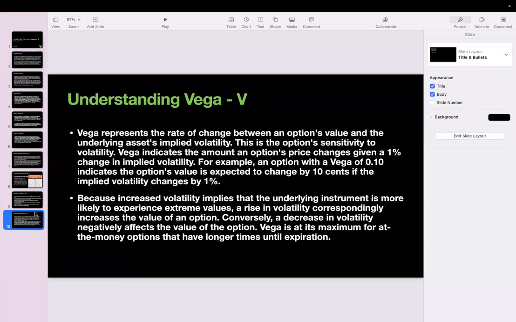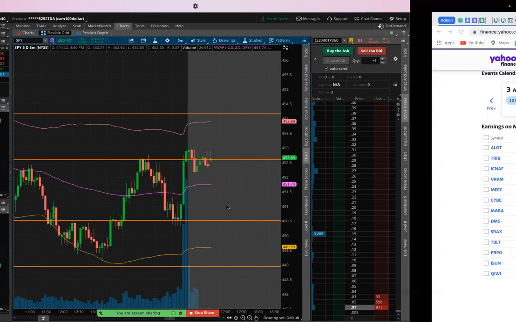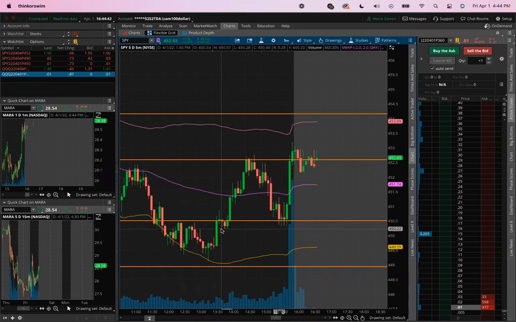Supply and demand and time value are major determining factors for calculating implied volatility. So when the stock is pulling back, the demand for calls is going to be a lot less. Because the demand is less, the volatility is going to be impacted by that and it's going to drop.